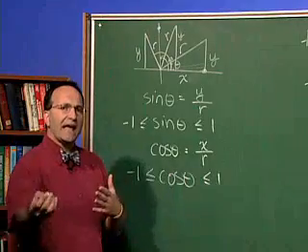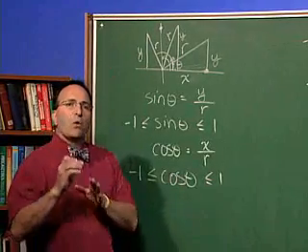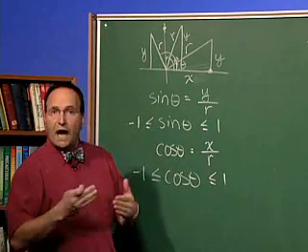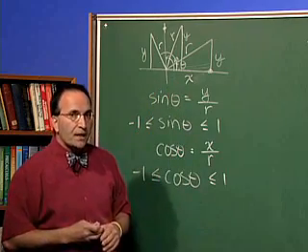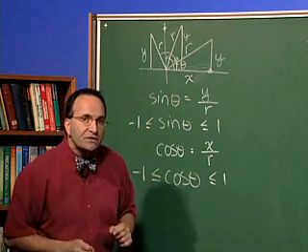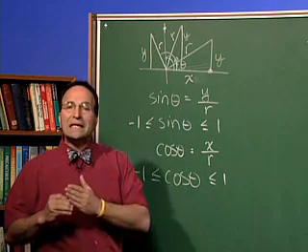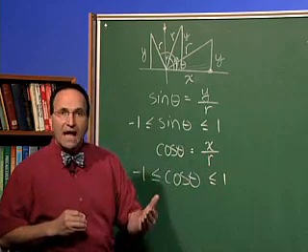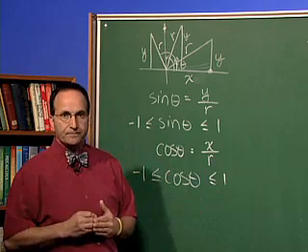What about the tangent of theta? Well, the tangent of theta, remember, is y over x, and the values for y and x vary greatly based on the angle theta. And what happens is when we take those ratios, it turns out that we can get any real number for the value of the tangent of theta.